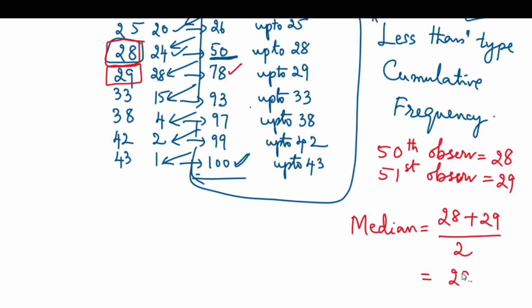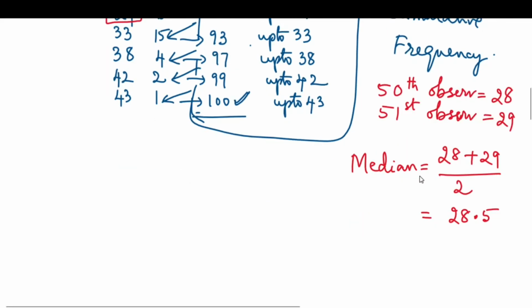This is 28.5. This median is the middlemost value. It indicates that there are 50% of students having below 28.5 marks and 50% of students having marks greater than 28.5.